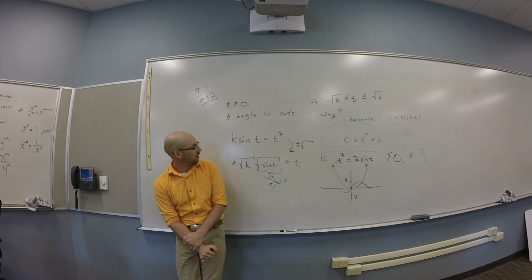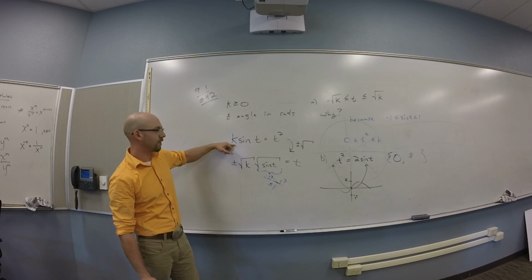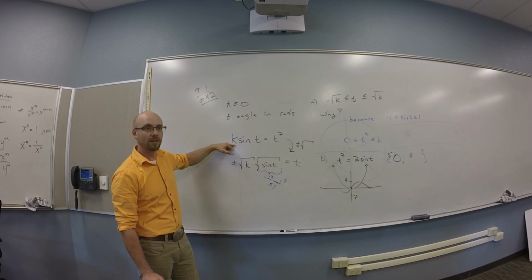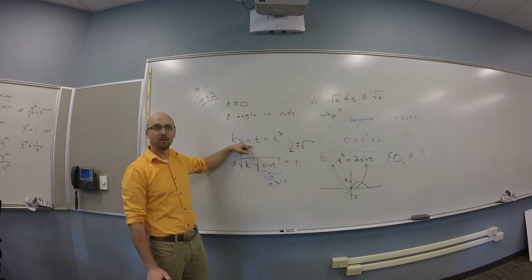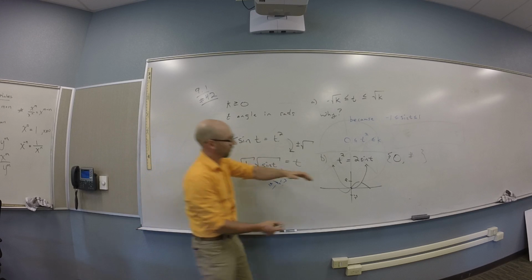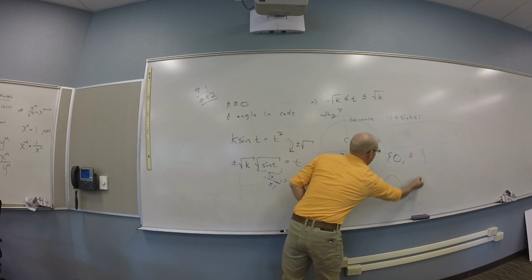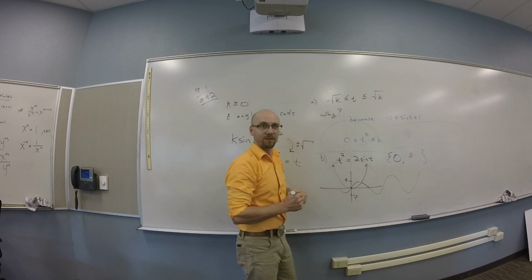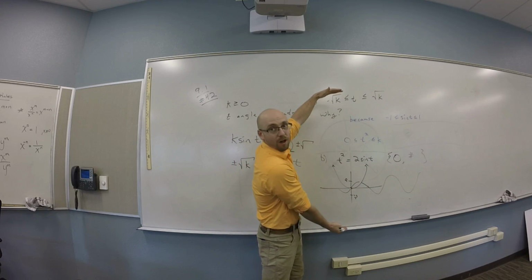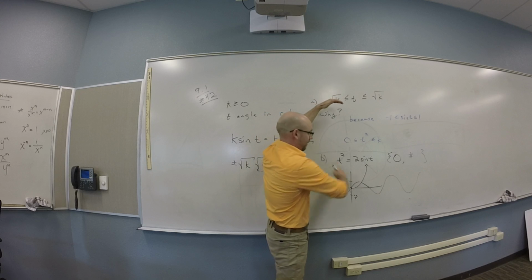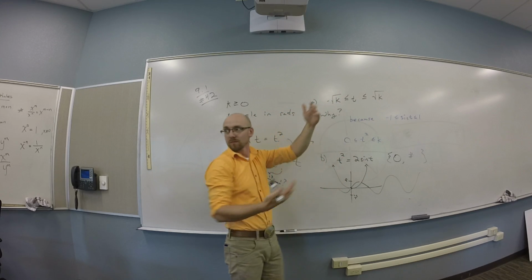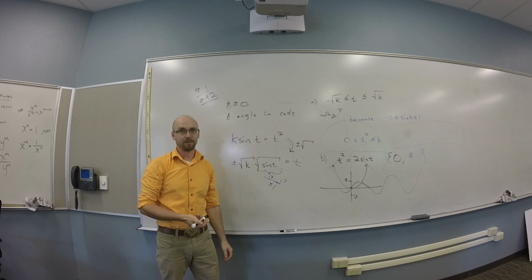So as the value of k increases, the amplitude of this sine wave is going to increase, right? If I make all of that stuff taller, it's going to hit this thing more. You guys with me on that?